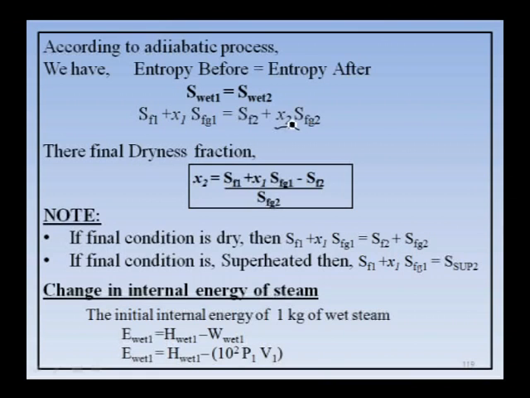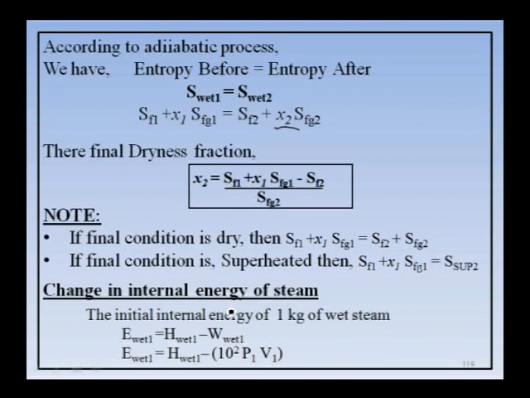There is no X2 here because X2 is equal to 1. Suppose X2 is more than 1, then the condition is superheated, and the relation changes to Sf1 plus X1 Sfg1 is equal to S sub 2, because the final condition is superheated, right.